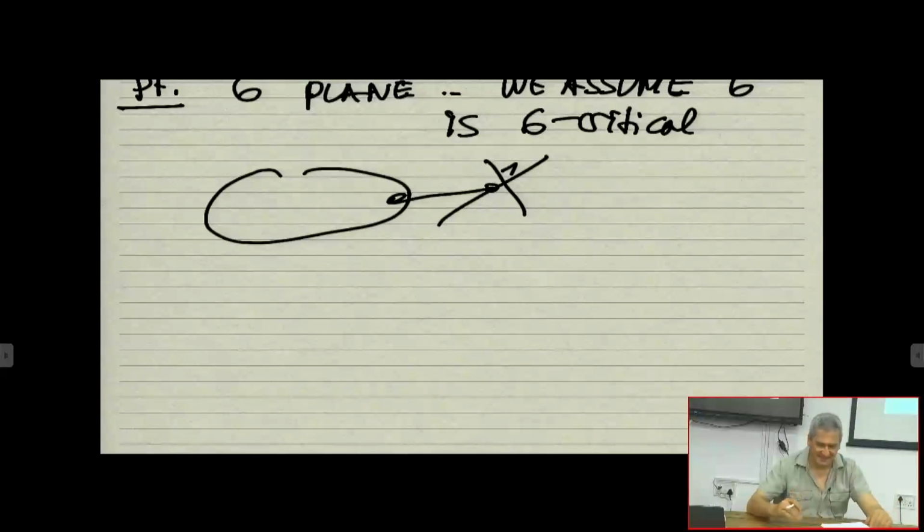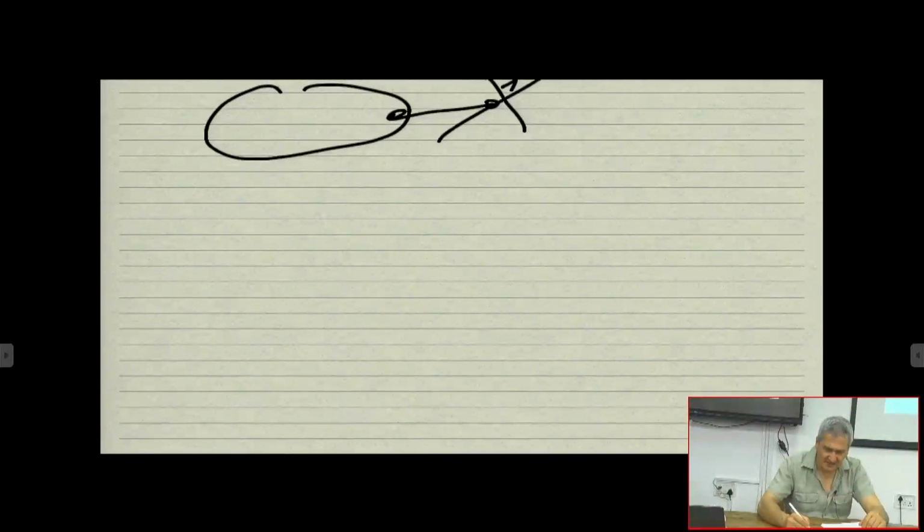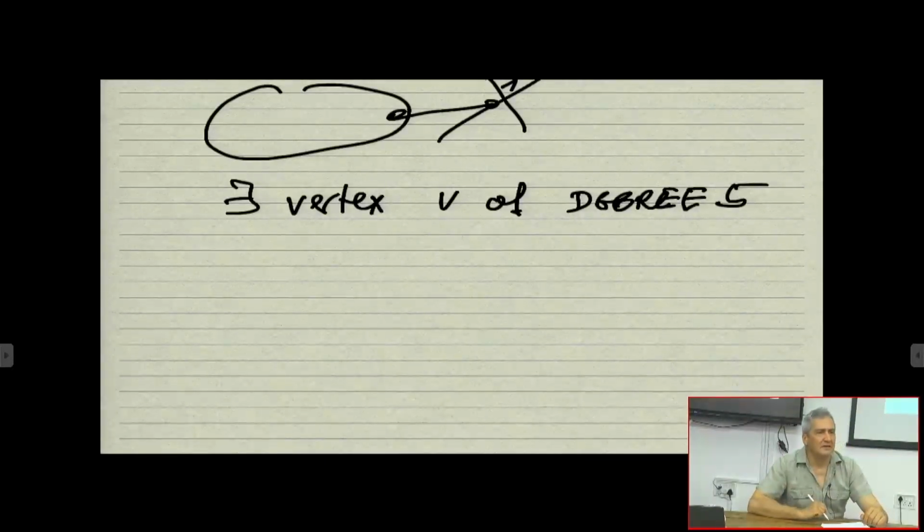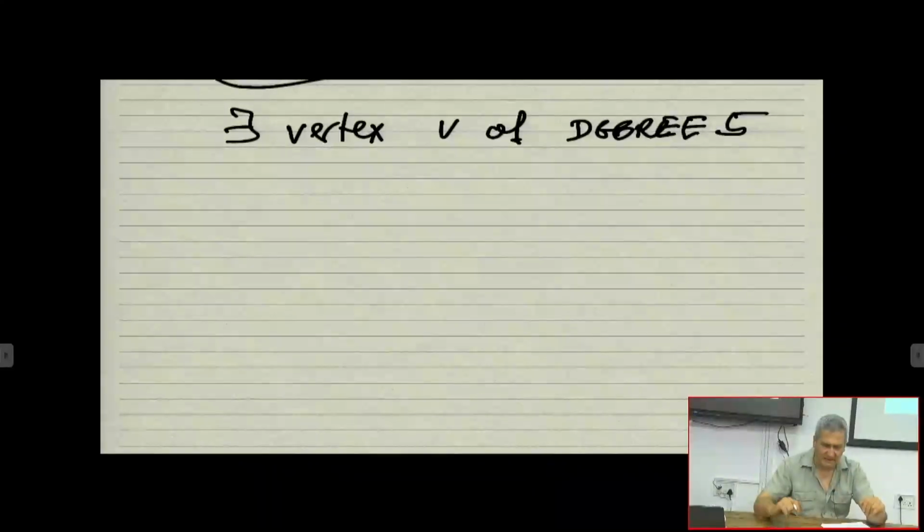So there exists a vertex V of degree 5. Since it is a 6-critical graph, it cannot be less. By Euler's formula, we know we have at most 5, but G is 6-critical, and the minimum degree for a 6-critical graph is 5, so it's a 5-vertex. Very short, no spending time or space.